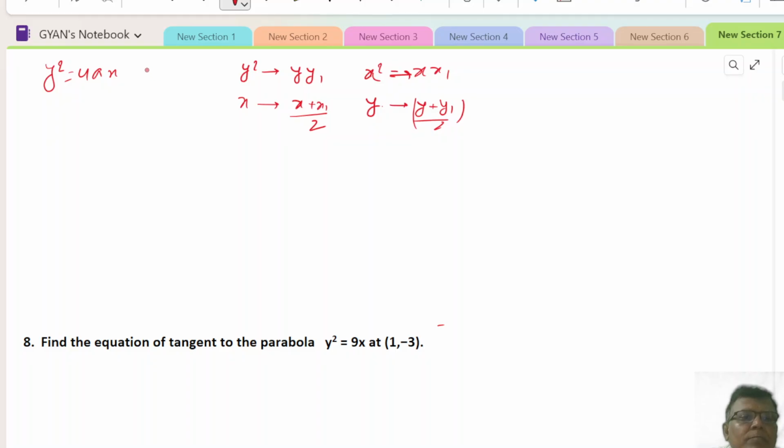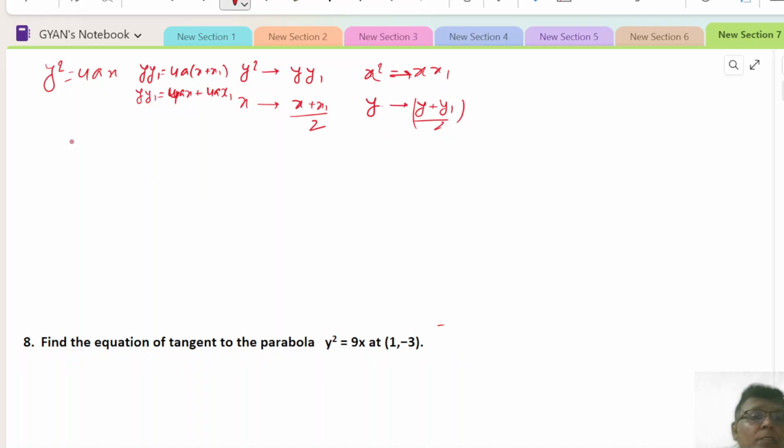So here y y1 is equal to 4a into x plus x1 by 2, so y y1 is equal to 2a x plus 2a x1.